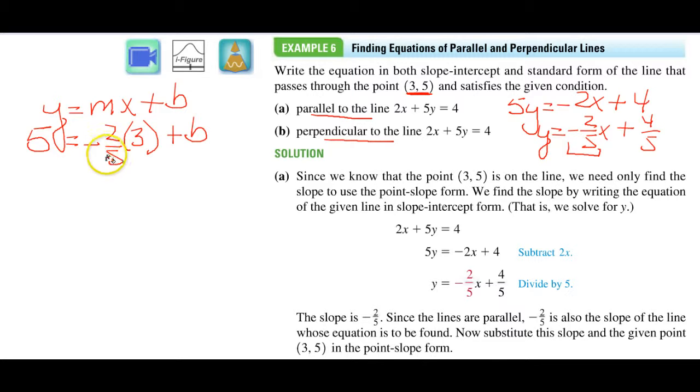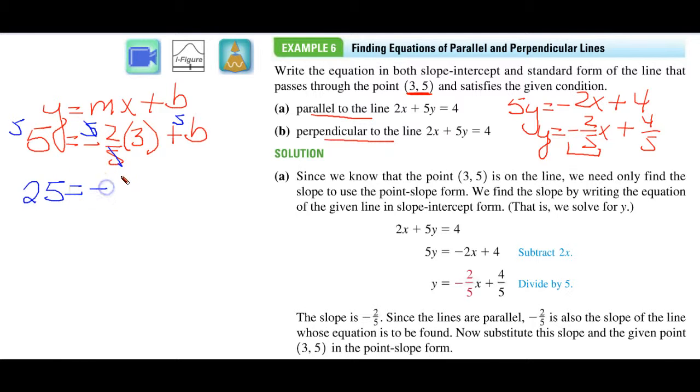Now, again, since we want this in standard form as well, a good idea is to get rid of the 5. So we multiply every term by 5. And now on this side there are 3 terms. So this is 25. Here my 5's cancel out. But I have a negative 2.